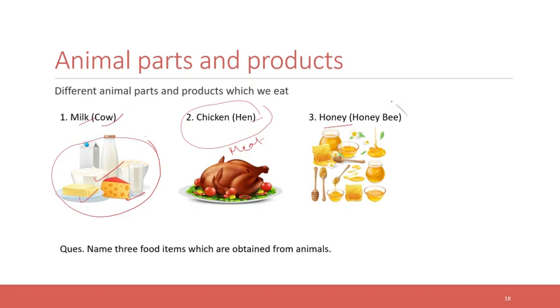So honey is also an animal product. Now you have to name three food items which are obtained from animals. Got it?